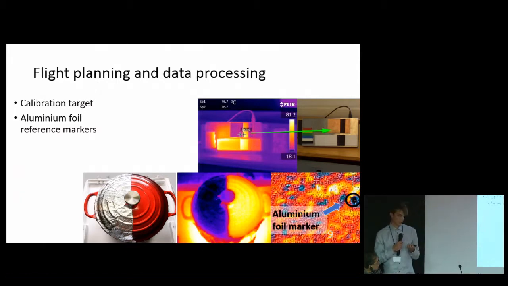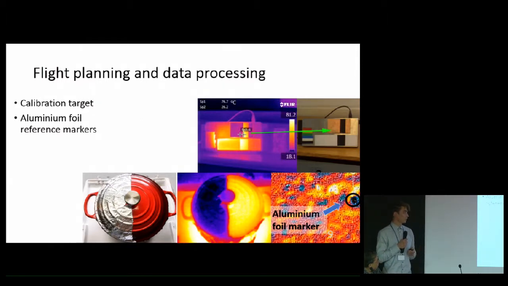Then I'm taking a picture of this electric tape just before the flight as a reference point, and because I have this reference point just next to the field that I'm surveying, I can estimate the emissivity in the field. And also, as I'm taking a picture of the same calibration target when I'm landing, I can get an idea of how extensive the temperature drift over time has been while I'm surveying the field. And if need be, I can compensate for that.